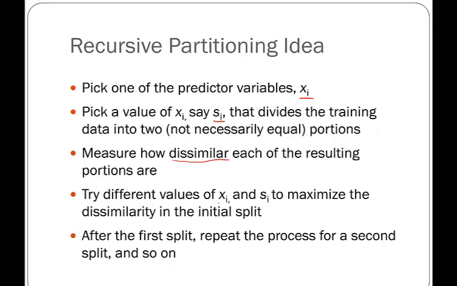Then we do that again with maybe the same variable xi, or a different variable, and pick a different value to split on, again trying to maximize the dissimilarity in the groups. After the first split, we repeat that process over and over again until we hit a stopping rule. This idea can be accomplished with continuous data, but it can also be done on categorical data.